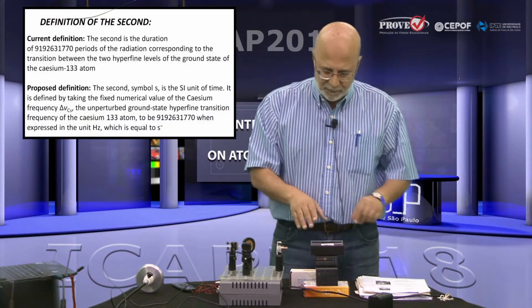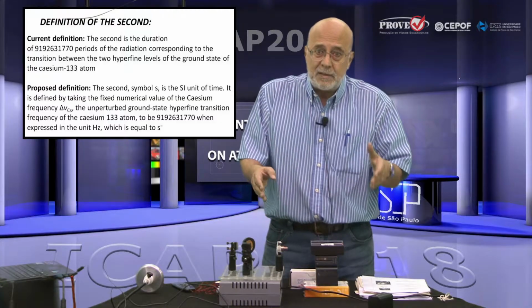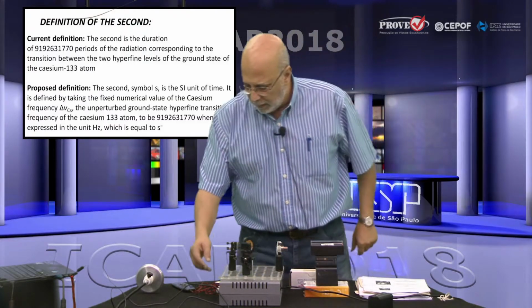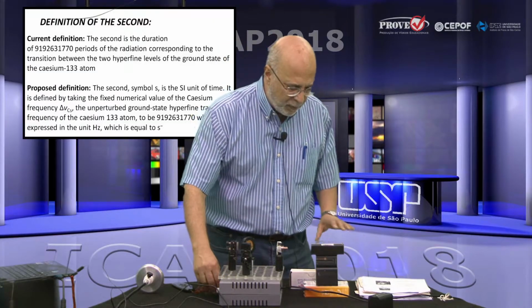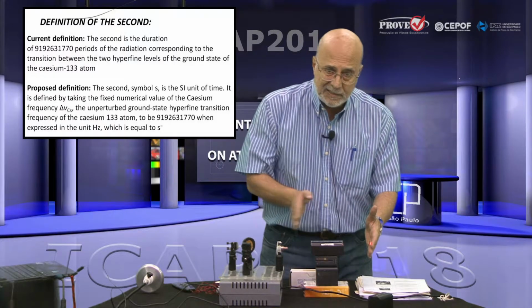Okay, so let's observe. We're going to make the room dark so we can see the fluorescence, and a camera will pick up the image here. So let's start to move the frequency. You see there is a laser here, and the laser is passing through the cell.